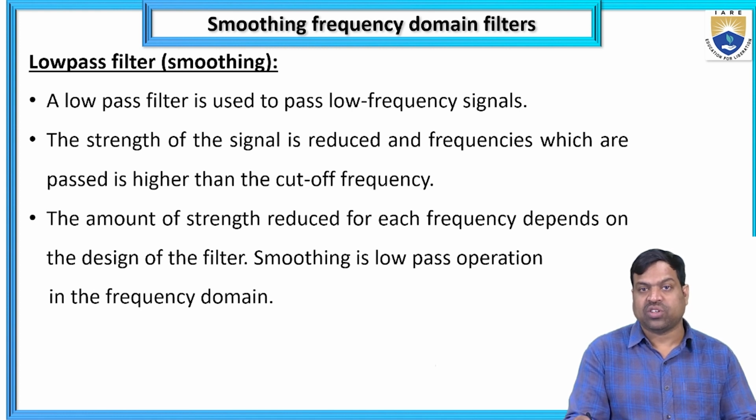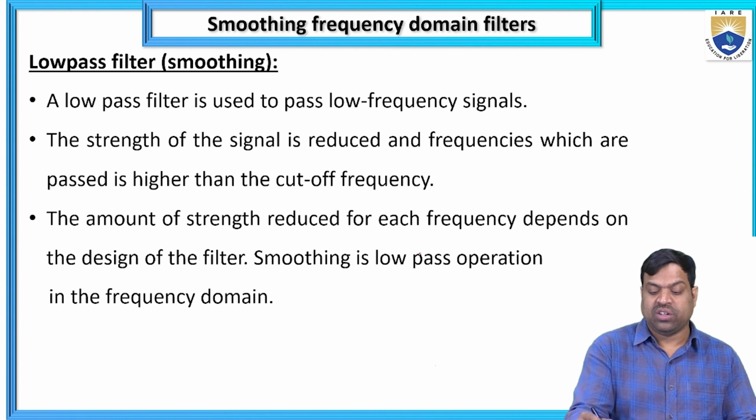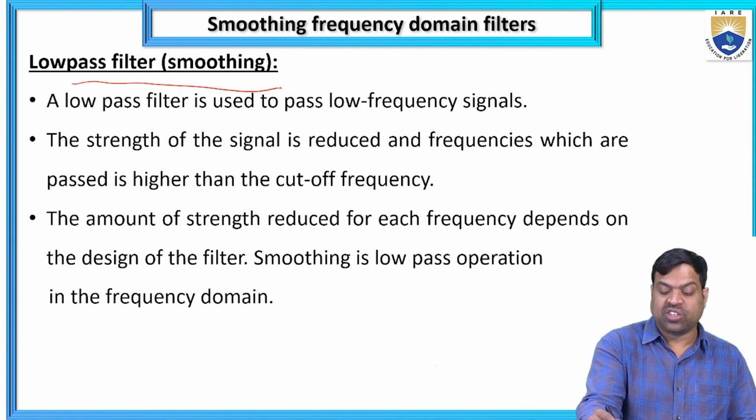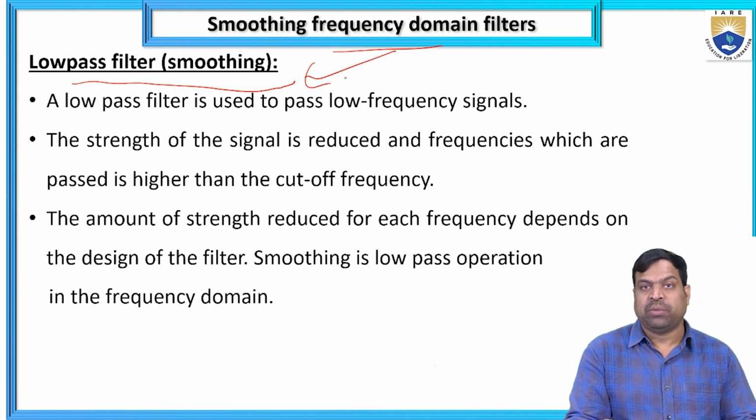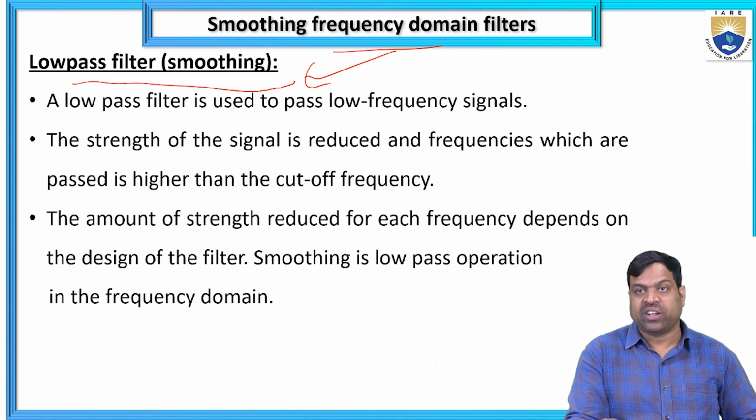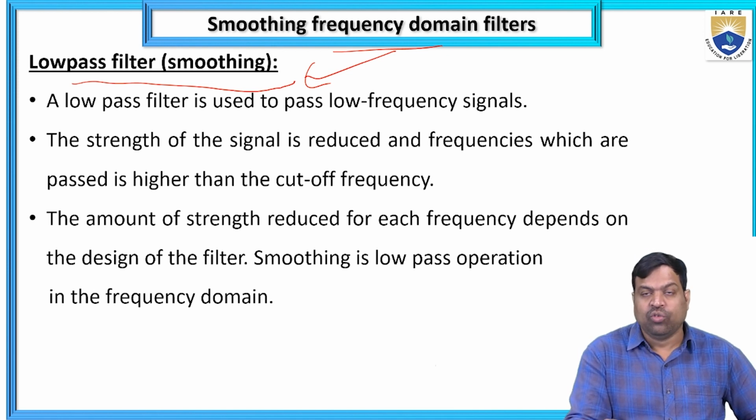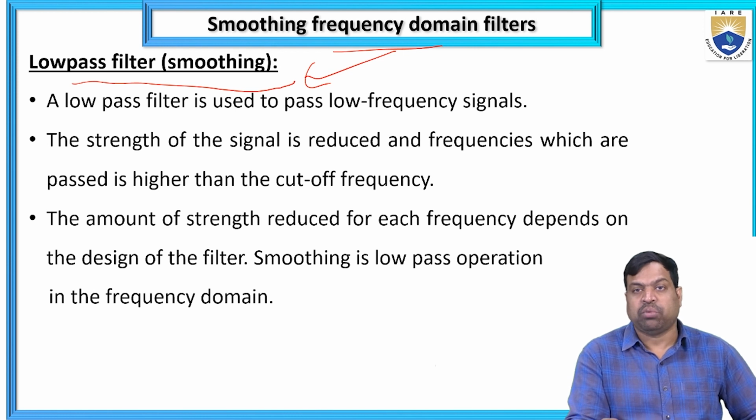Smoothing is a low pass operation in the frequency domain. So here a low pass filter is nothing but a smoothing filter. These are the techniques of the frequency domain. But what is the use? A low pass filter passes low frequency signals. The strength of the signal is reduced for frequencies higher than the cutoff frequency.